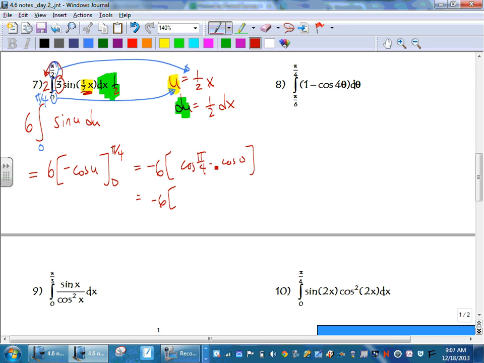So cosine of pi over 4 is square root of 2 over 2, and cosine of 0 is 1. So for this one, we can leave it like that if you want, or distribute. We get negative 3 square root of 2 plus 6.